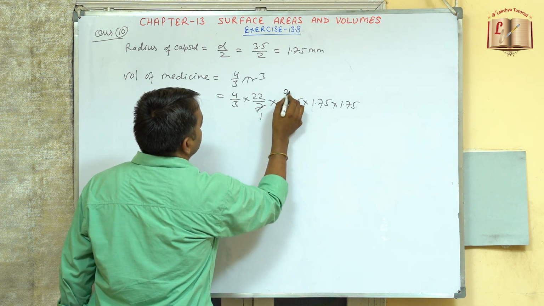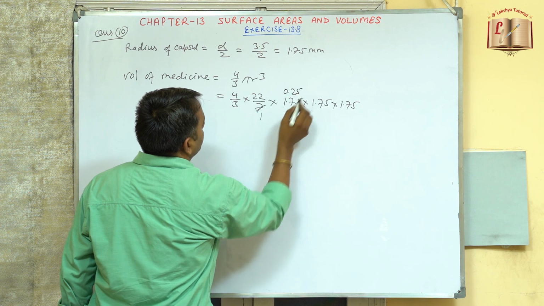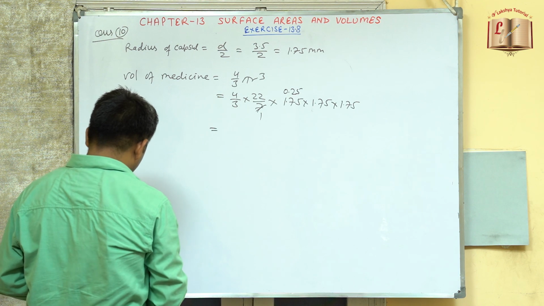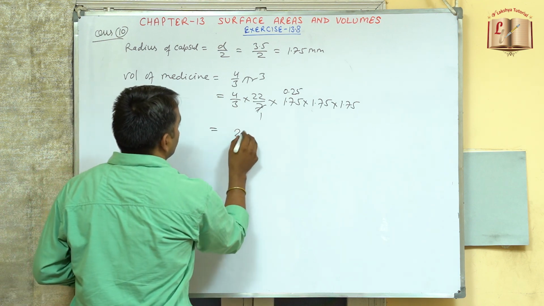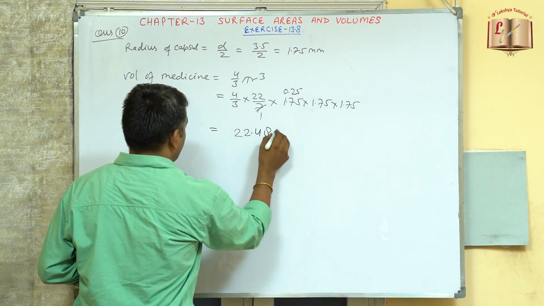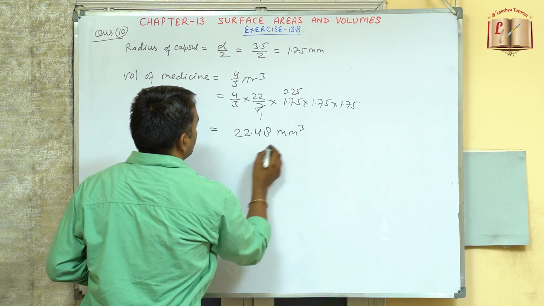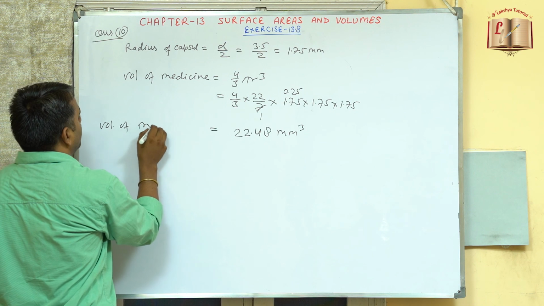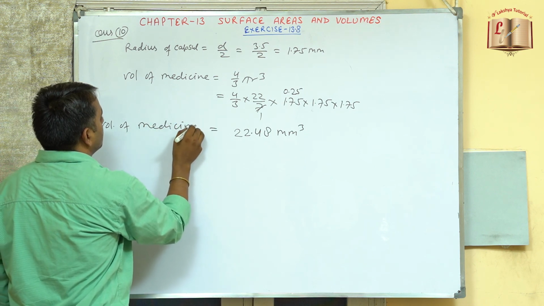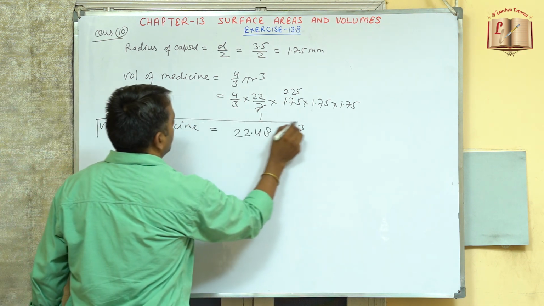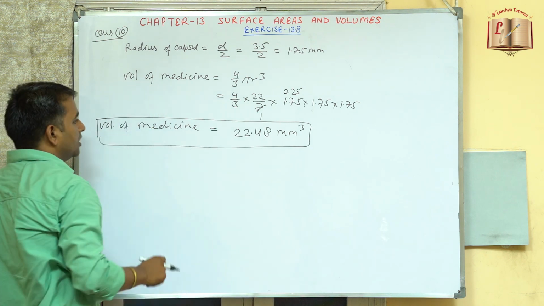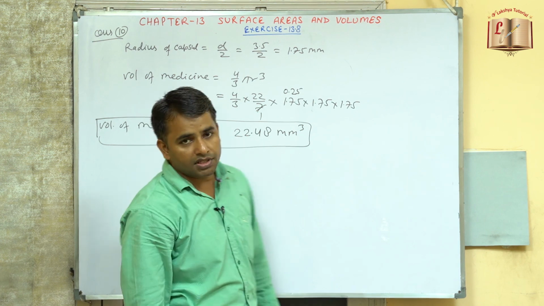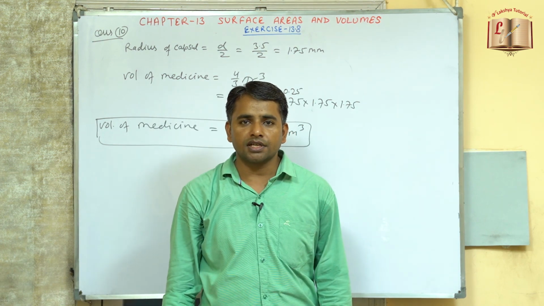On simplification, we got 22.48 mm cube. So this is the volume of medicine. So with this we have finished our chapter Surface Areas and Volumes.